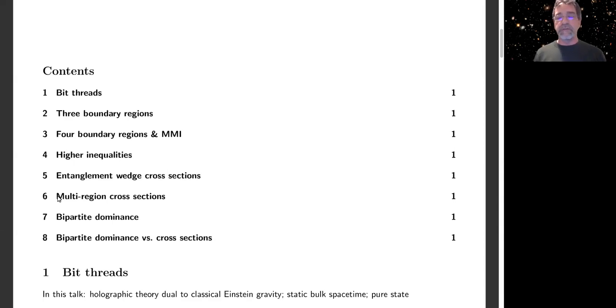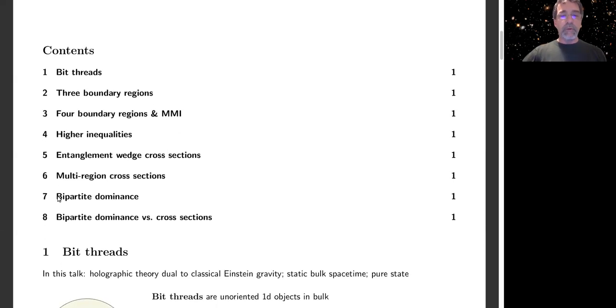Another restriction is that I'll assume I have a pure state, and that is purely for notational convenience. I think any mixed state that has a good holographic description admits a good holographic purification, like a thermofield double type of description. So it's just more convenient to talk about pure states.